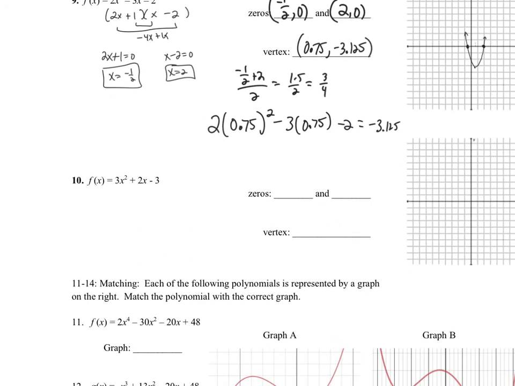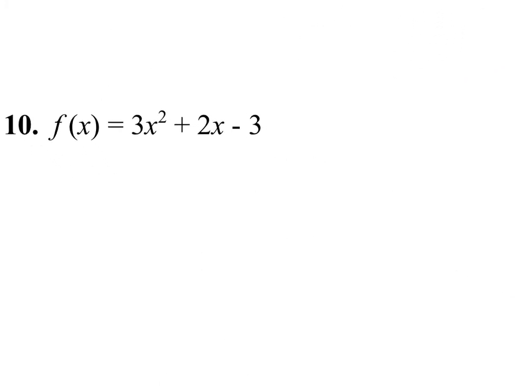All right, number 10. So this one, I don't think it factors, because we really only have a couple choices here. It's going to be 3x and x, and then to multiply up to negative 3, it's either going to be plus 3 minus 1, which would give us minus 3x plus 3x.